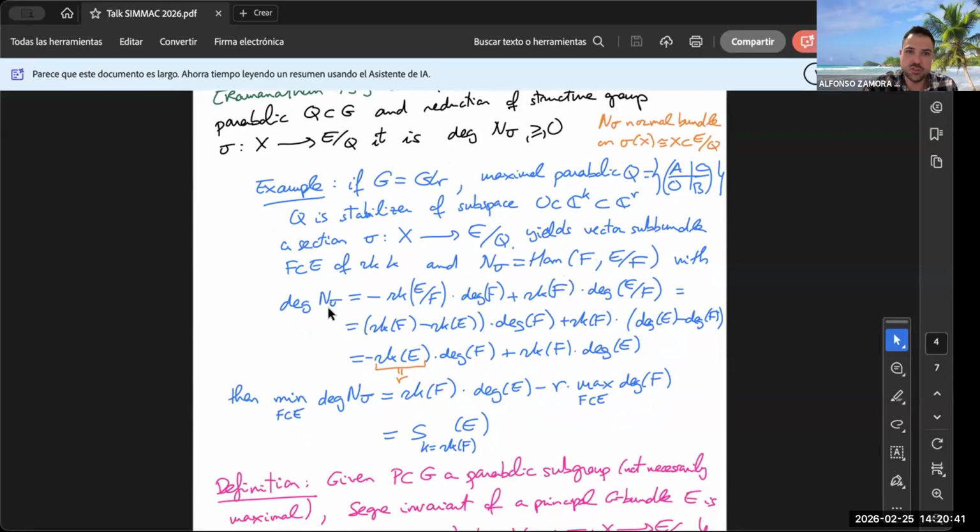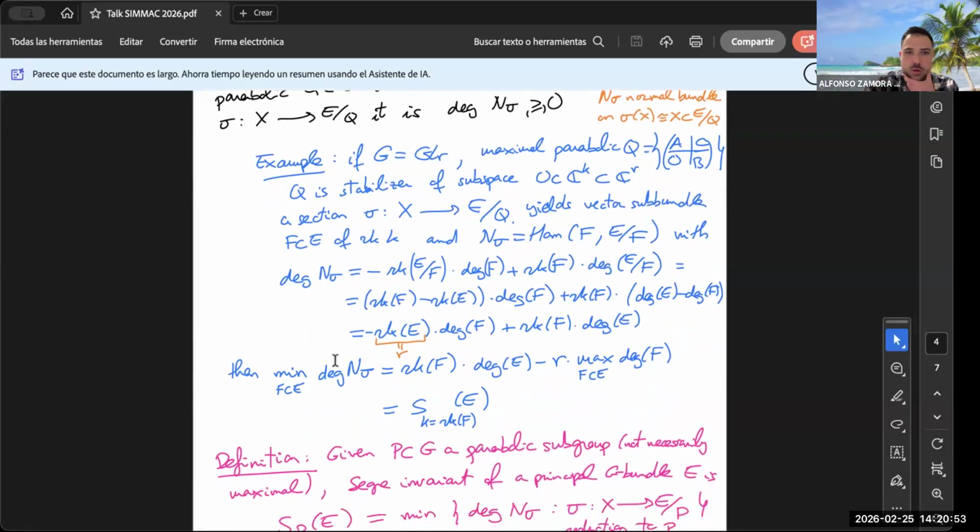And then the degree of this normal bundle is just a classical computation of the degree of this homomorphism bundle. So playing with the degrees and the ranks of the pieces involved here, we arrive that the degree of this normal bundle is exactly, up to multiplication by the ranks, the difference of the slopes of the vector bundle and the candidate to be a destabilizer.